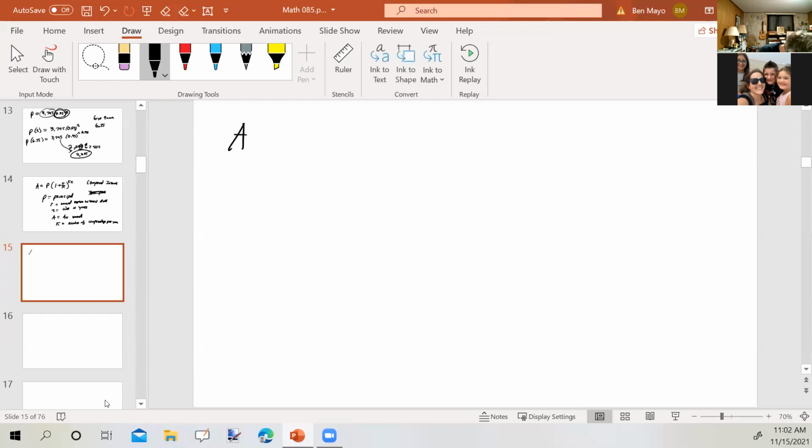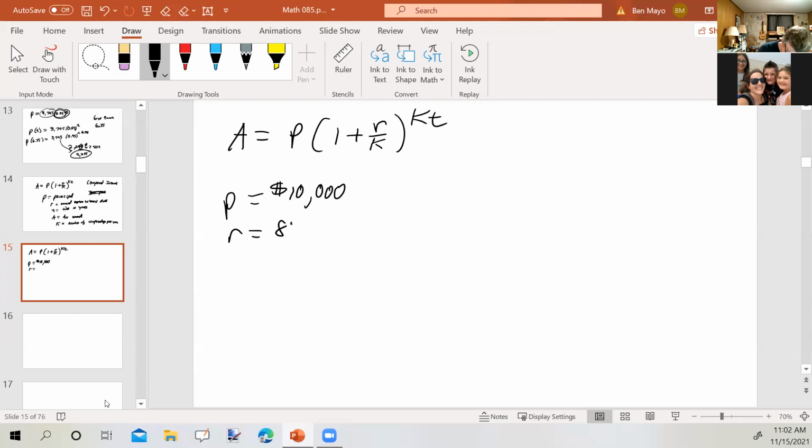So using the formula, A equals P times 1 plus R divided by K, all to the KT power. An initial deposit of $10,000, so P is $10,000, earns 8% interest. R is 8%, which we would convert into a decimal number. Compounded quarterly, so K is 4 times a year.